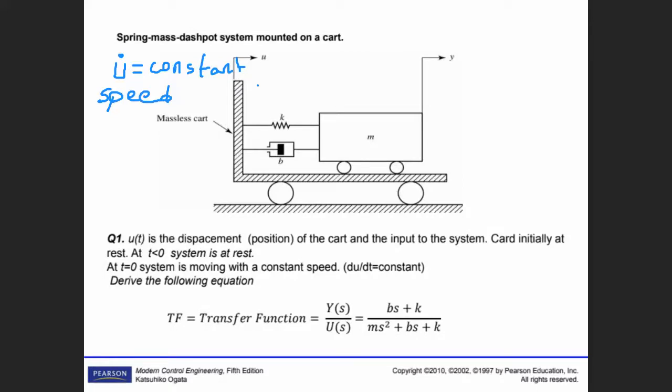Displacement yt, the second car, the mass, is the output. So y is the output. U is the input, y is the output. So how could we solve this equation?